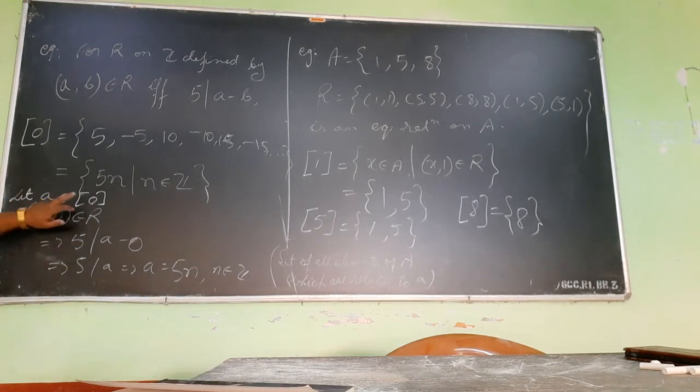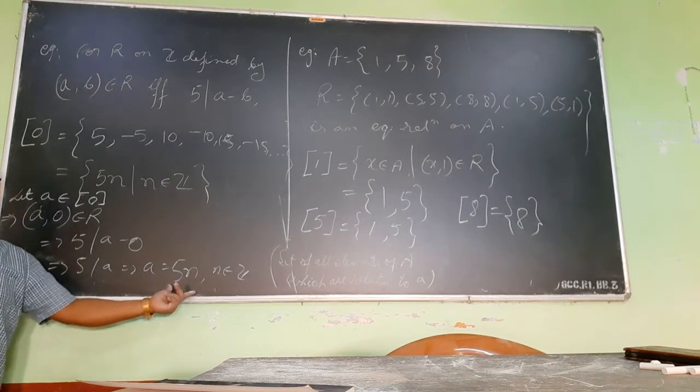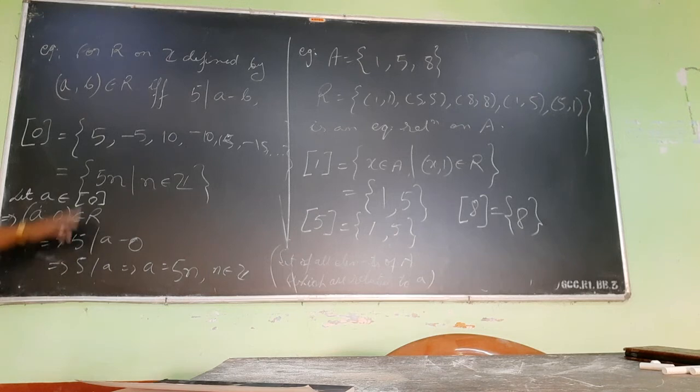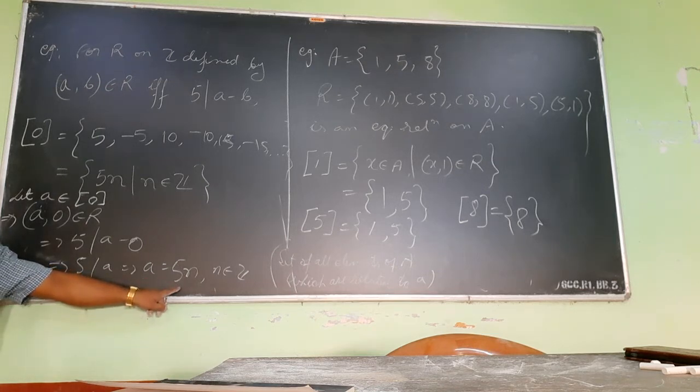So any element inside the equivalence class of 0 is of the form 5 times some integer. So it is the set of all 5n such that n belongs to integers. Any arbitrary element of this is of this form. Conversely, any element of this form is also inside the equivalence class of 0.